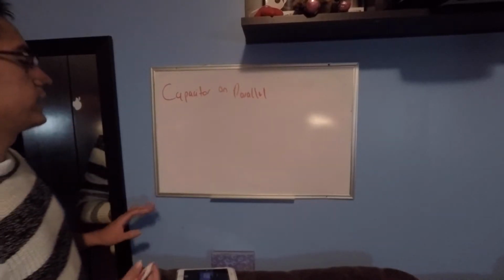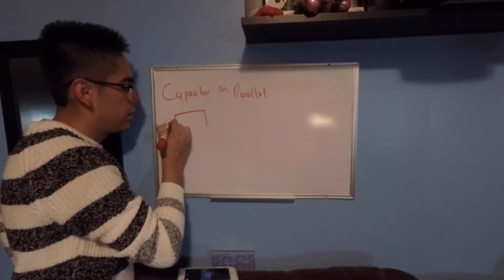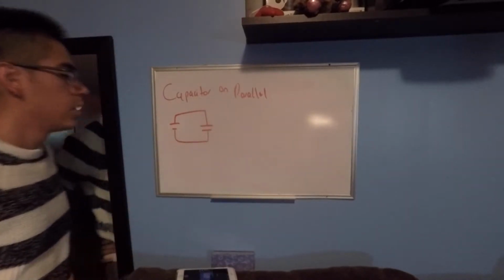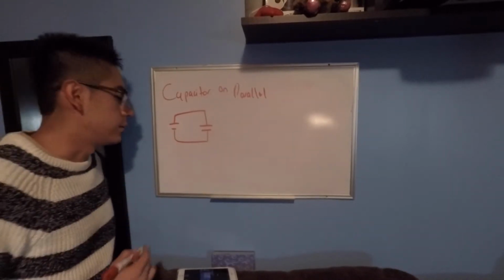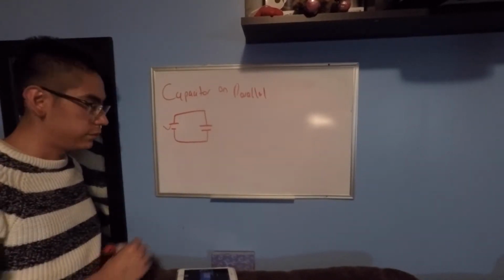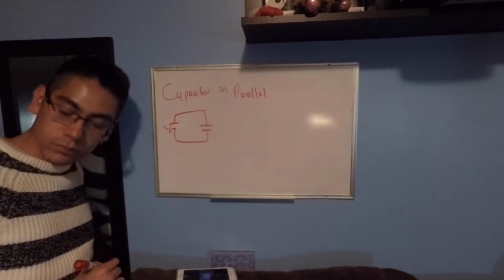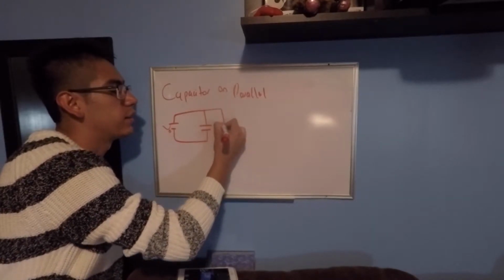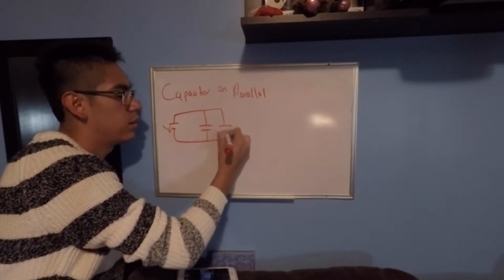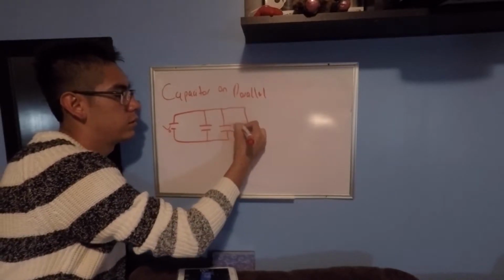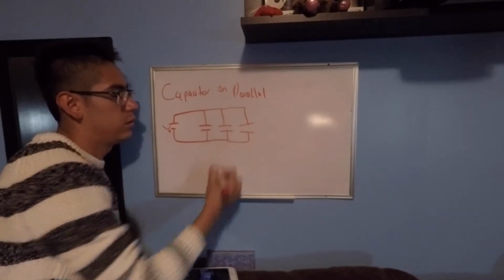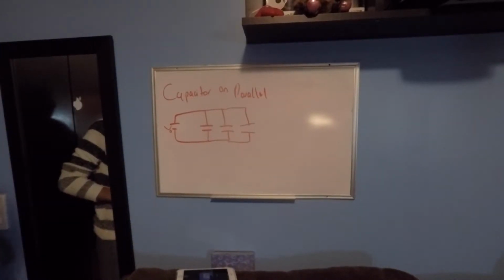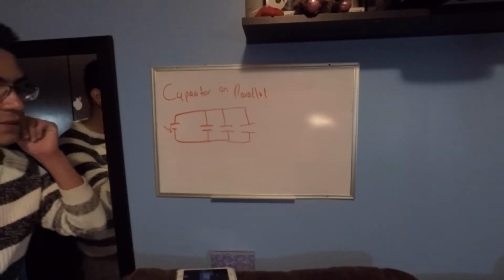I already told you what happens when you have a circuit like this type. You have a capacitance right here, and a voltage right here. But what happens when you have more of these and you put them in parallel? Like that. It's more interesting.